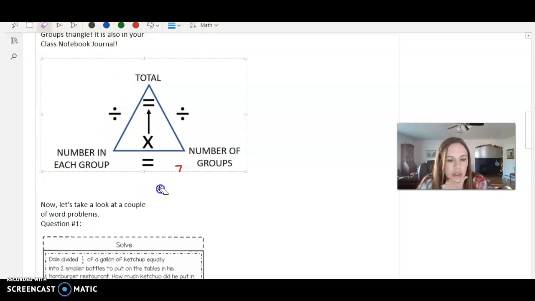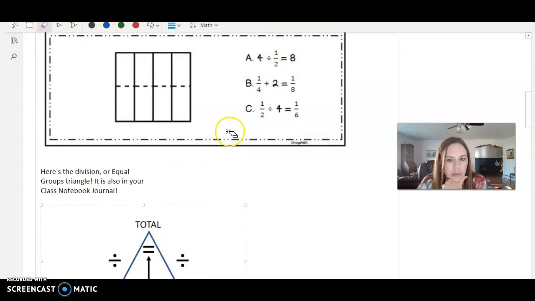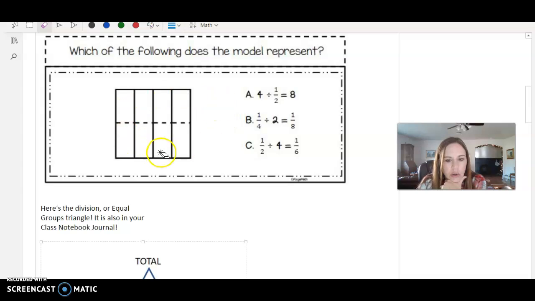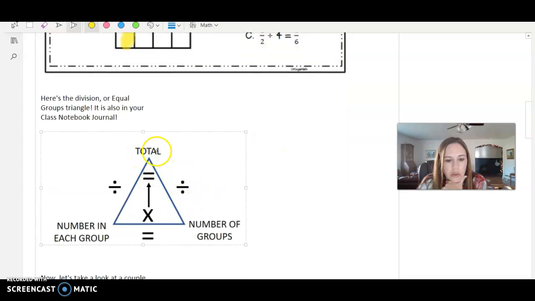So let's take a quick look at this right here, the one we just solved, how we said that what's getting divided up is that 1/4. Because remember, we started with 1/4. It got divided up into a number of equal groups. So here we started with the total, got divided up by the number of groups.